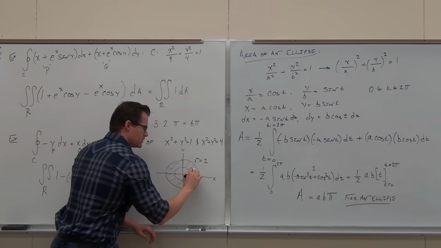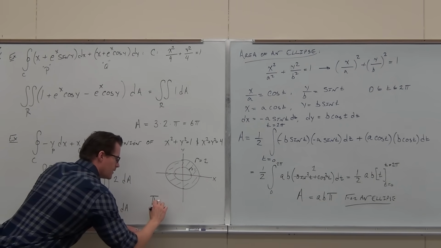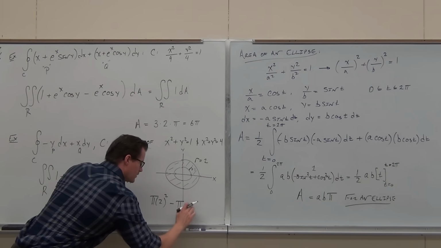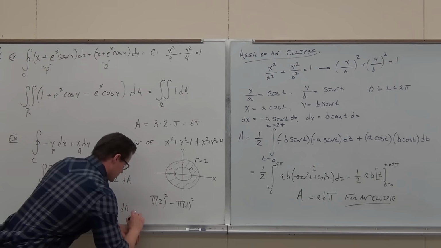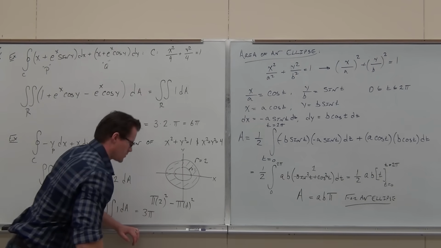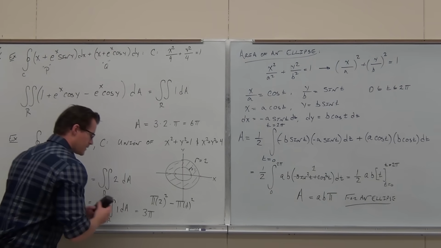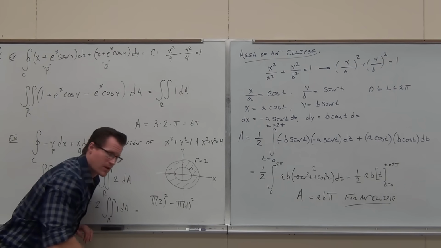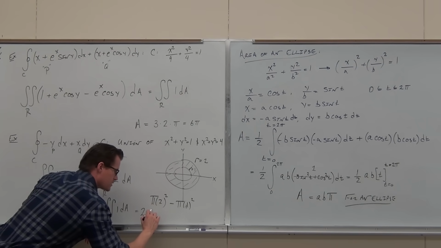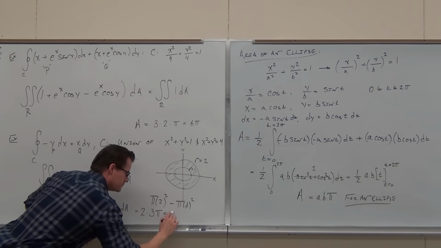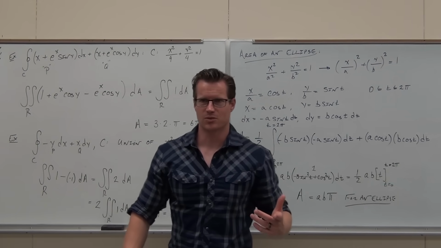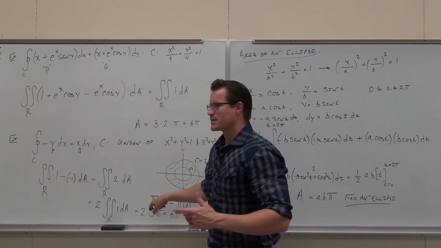Pi r squared minus pi r squared. 3, well, almost 3 pi. Do you guys see where the 2 and the 1 are coming from? Well, this is 2 times 3 pi. 6 pi. I promise they don't all come out to 6 pi. Okay, just coincidence here. But that comes out to 6 pi.